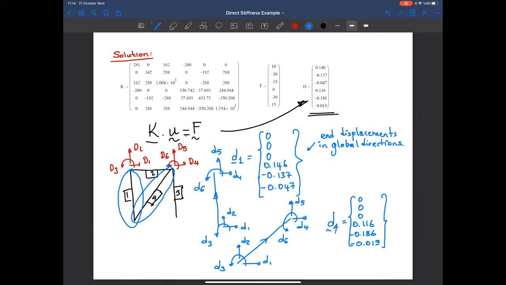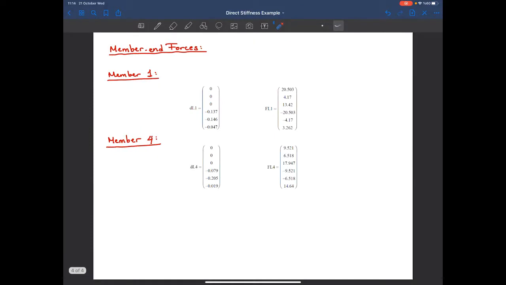Okay, now we have determined all the end forces for every member, but remember that these are all defined in the global directions. Now what we need to do is to transform them into local directions. How do we do that? We have to do global to local transformation. Global to local transformation, you can do it this way. I'm showing it.